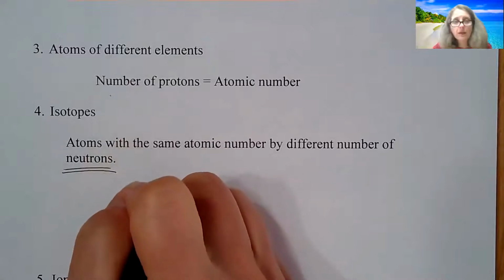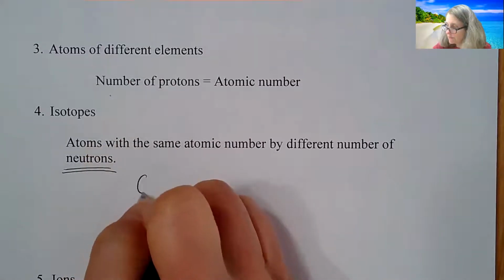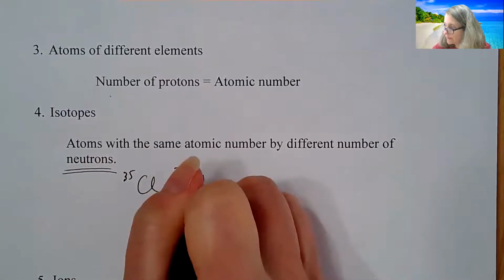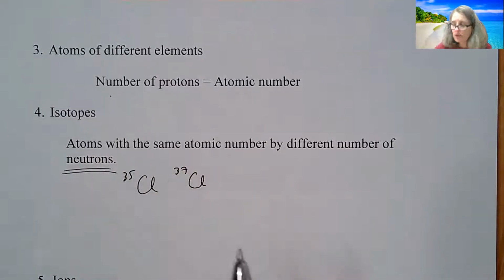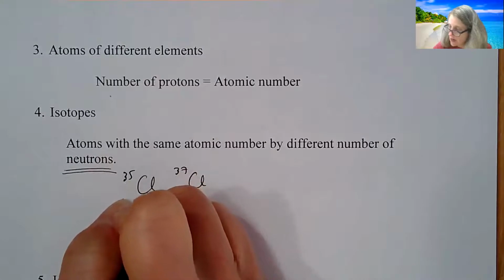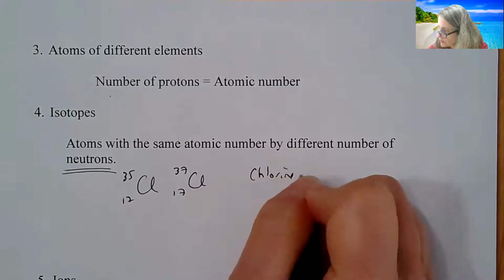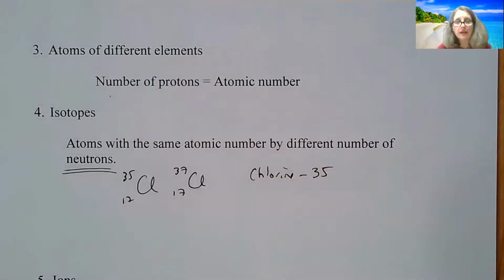There are different ways of writing isotopes. If I have chlorine, it has two different isotopes, chlorine-35 and chlorine-37. What you will typically see for isotopes is what we call isotope notation.